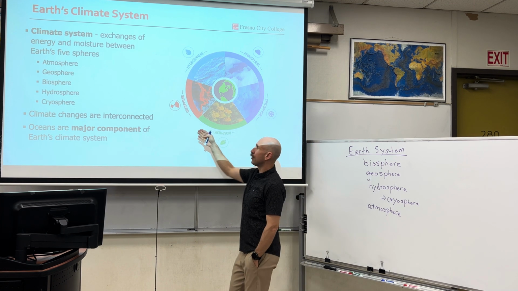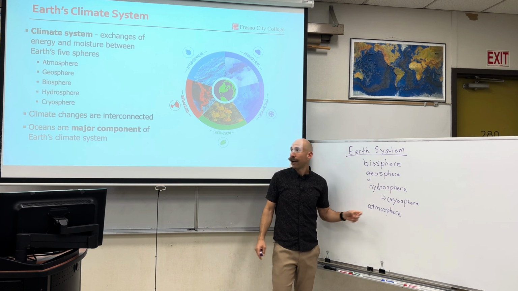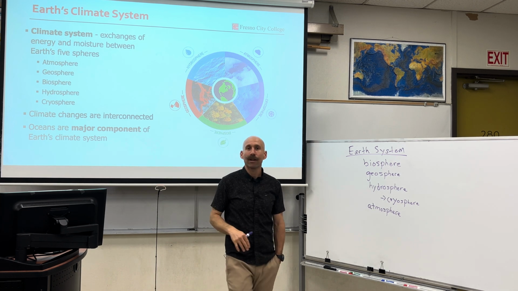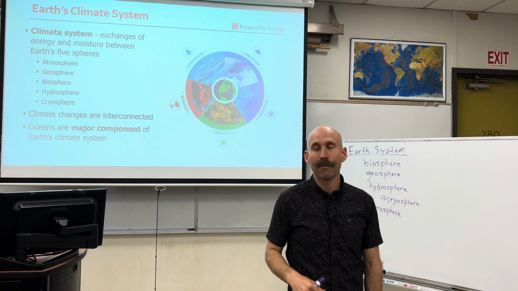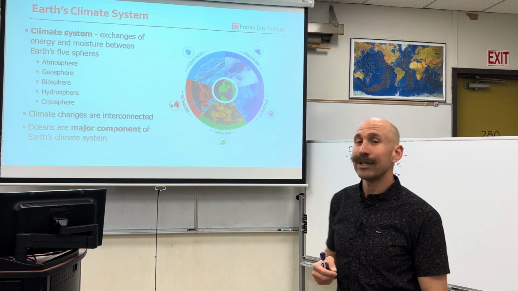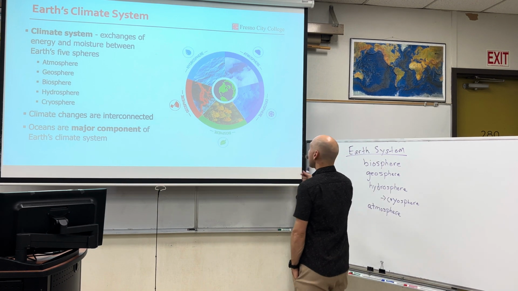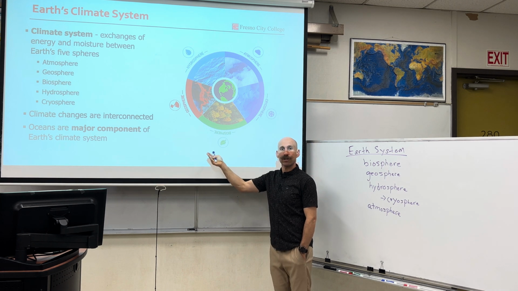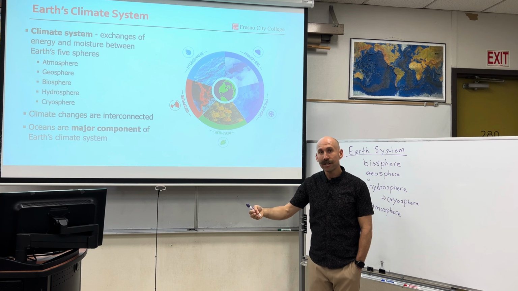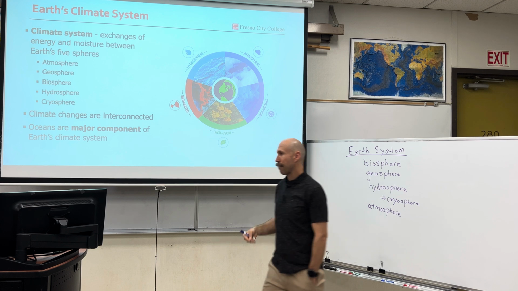So climate change is interconnected between all of these: life, rock, water, air, and the oceans play a major component in Earth's climate system. Oceans covering 71% of Earth's surface, land covering 29% of Earth's surface. And so when we think about climate change, what we are experiencing is changes in Earth's climate system. Great. Let's keep going.